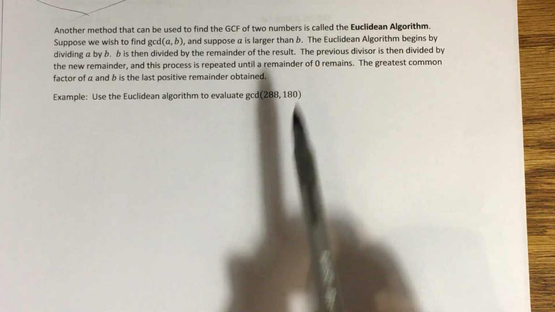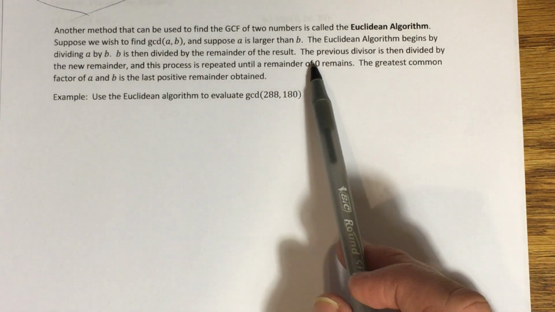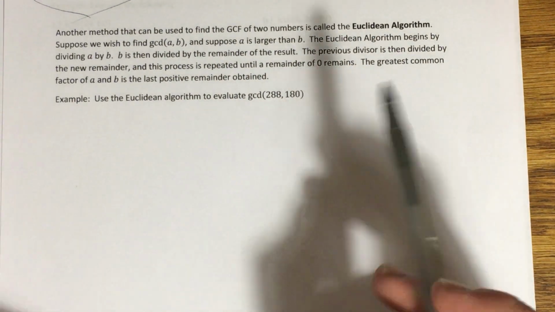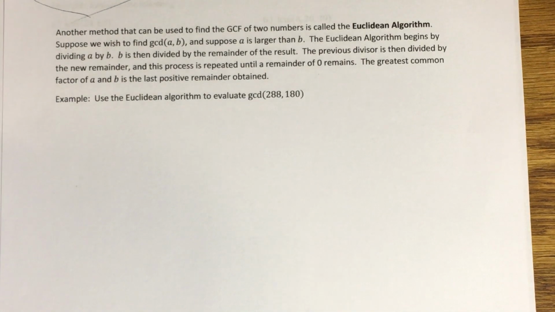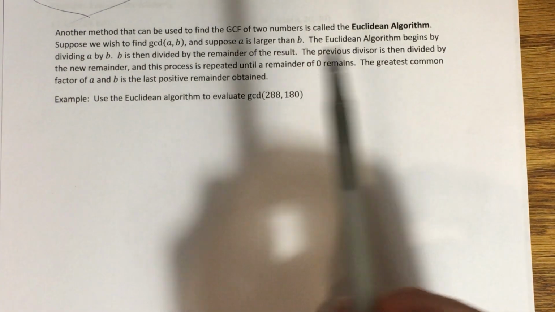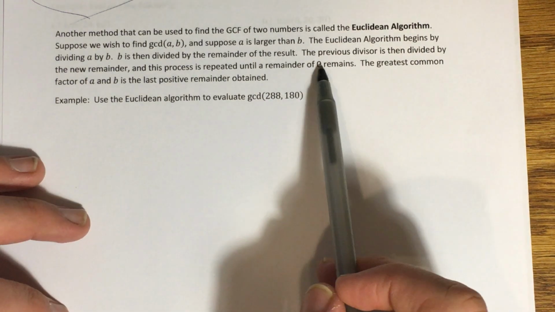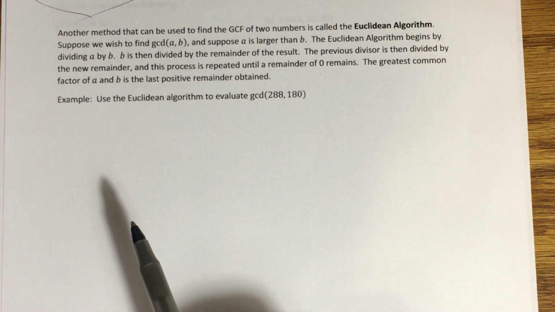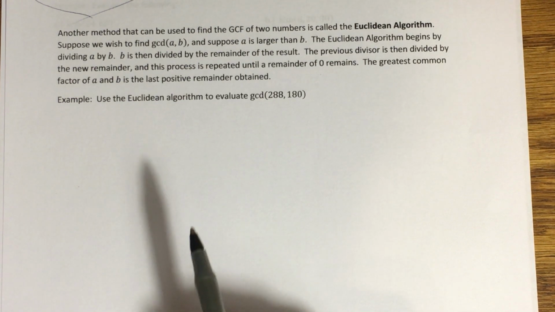So we're creating another division problem. Then the previous divisor of that last problem is divided by the new remainder, and we just keep repeating this process until we end up with a remainder of 0. Once that happens, we go back to whatever the previous non-zero remainder was. That will end up being the GCD.